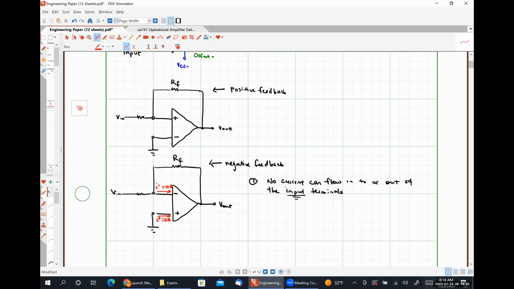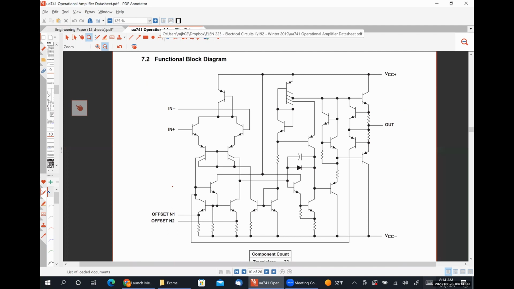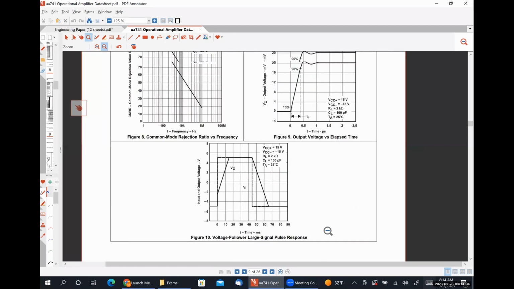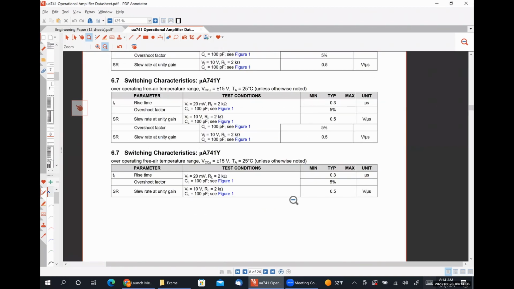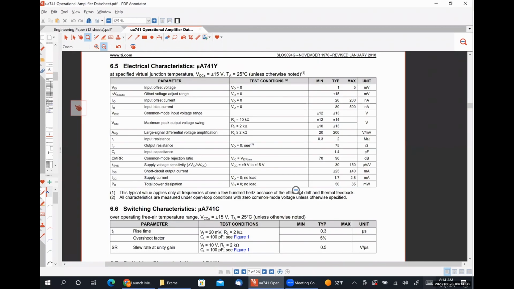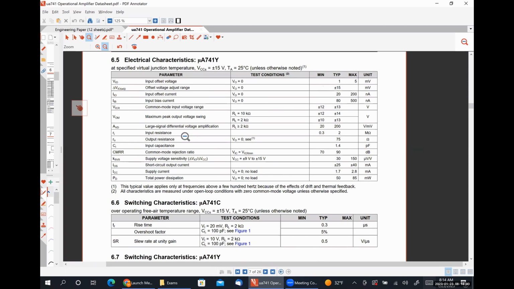The reason for this is that the input resistance of an operational amplifier is very large. So for this 741 amplifier right here, if we were to scroll up, let me see if I can find it. Our input resistance, let me highlight it right here.